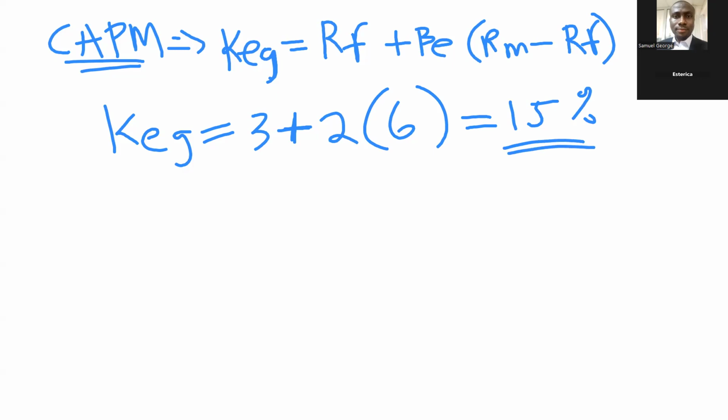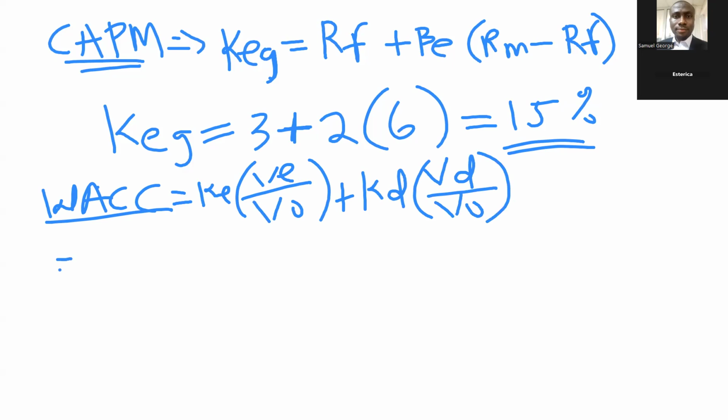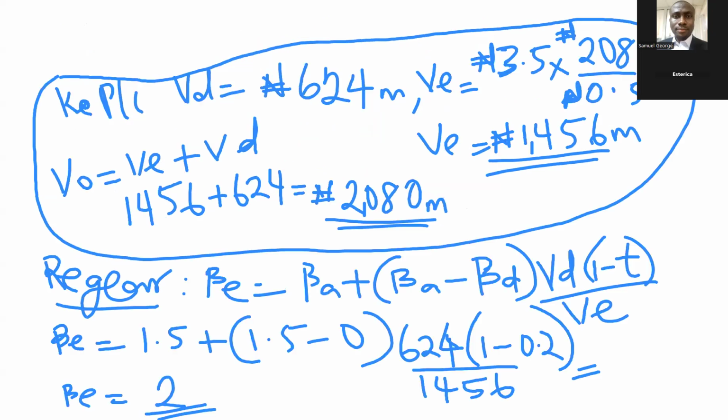Then we'll now move to the last step, which is WACC. So what's the WACC formula? KE times VE divided by VO, close the bracket, plus KD times VD divided by VO. Okay, so our KE is 15, our VE is 1,456.